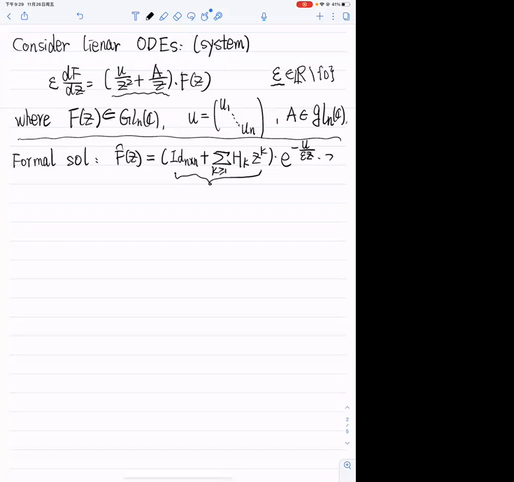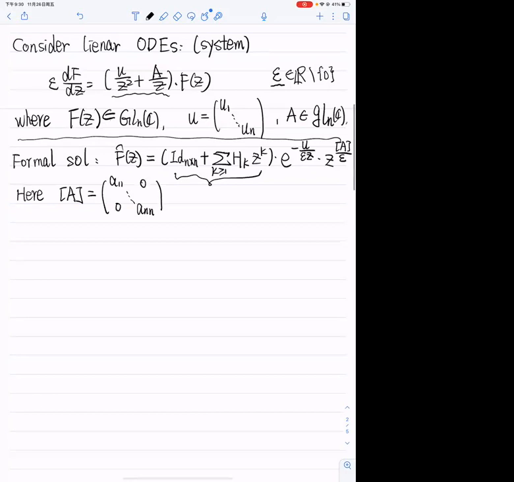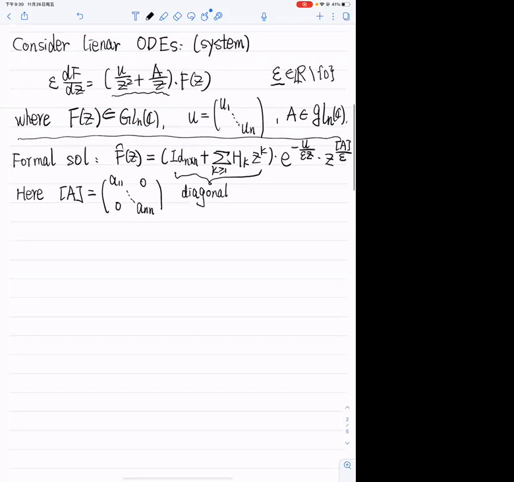And then times z to the power of bracket A over epsilon. Here, the bracket A takes the diagonal part of the residue matrix A. So basically, we take such a formal solution.